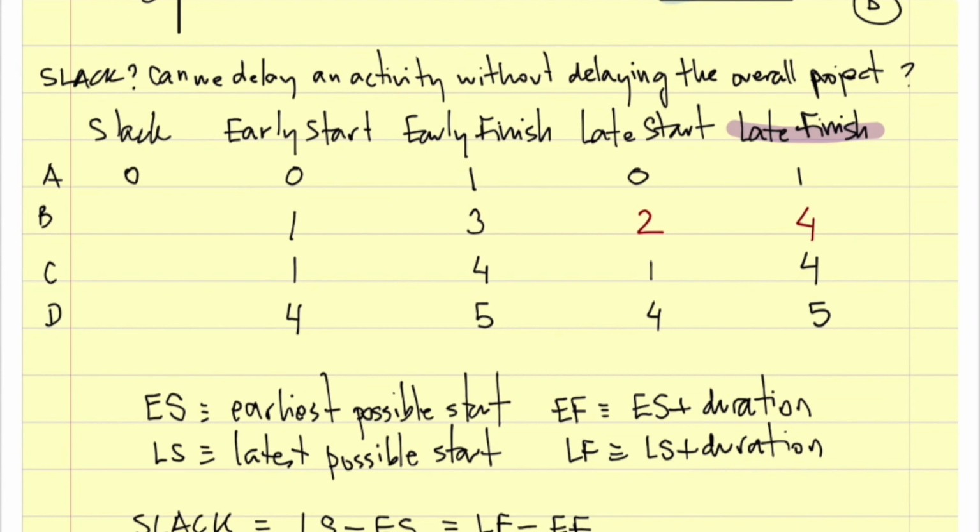The slack of work package B is 4 minus 3, or 2 minus 1, is 1. And then the slack of C is 0 because I cannot move it, and of D is 0 because I cannot move it. Okay?